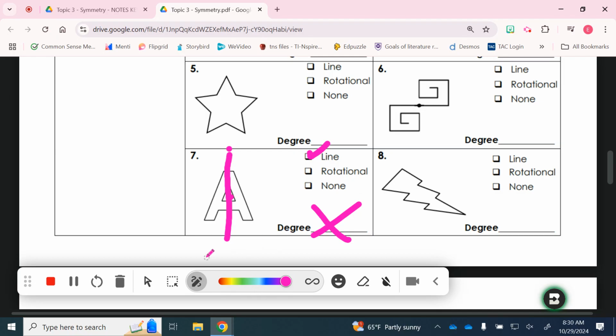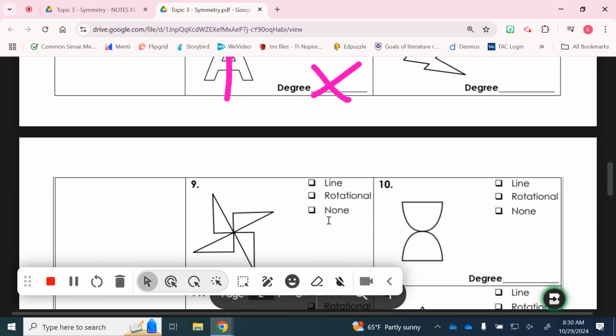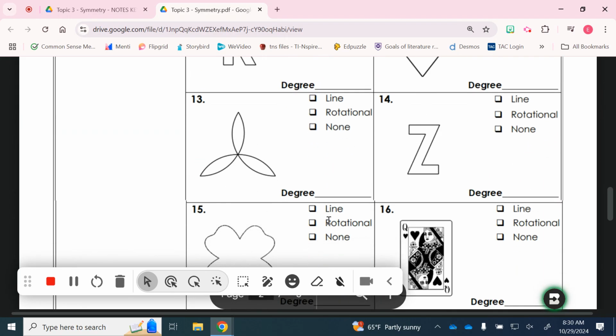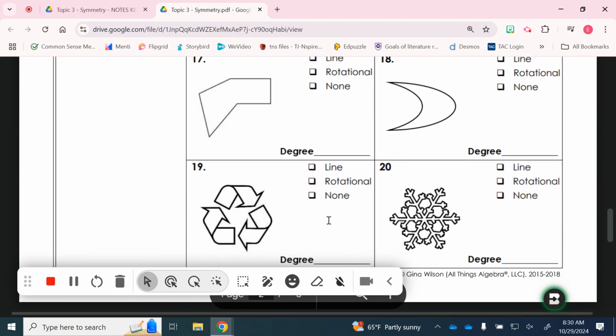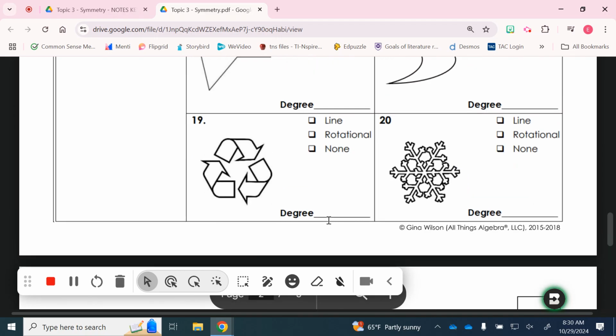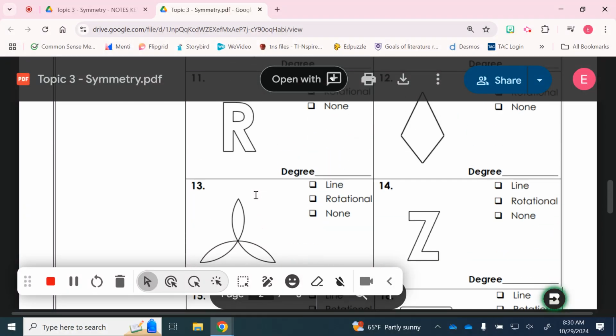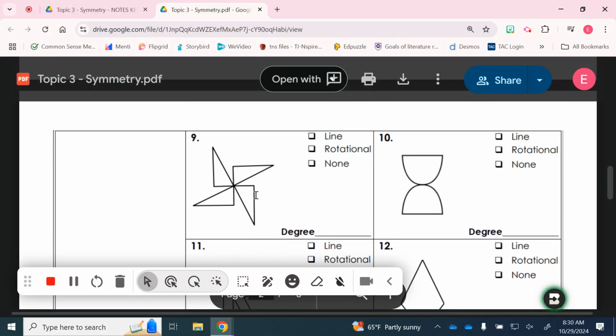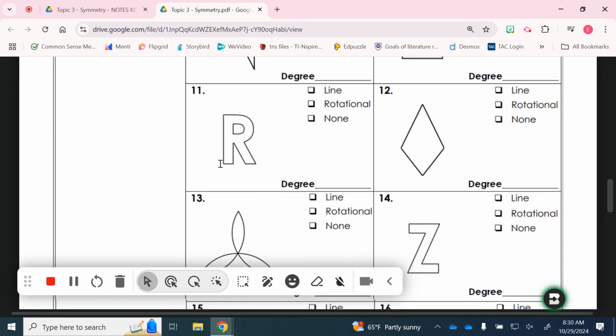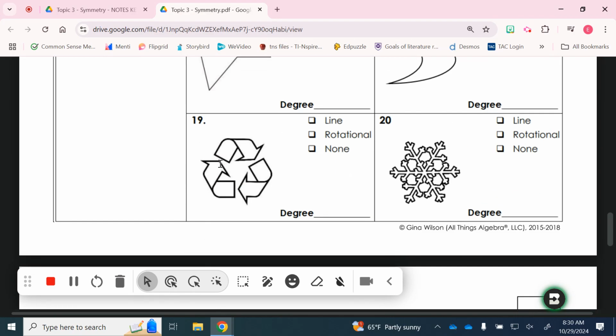Okay. Here's what I'd like you guys to do. I want you to look at these. Now remember, some of these have a shape. I want you to just do the odds real quick. We will discuss them in a few minutes, all right? But 9 through 19, odds only.